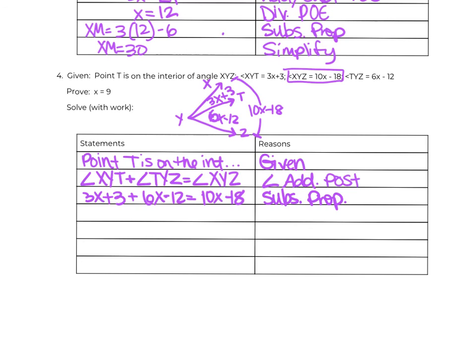Not yet. Let's do our like terms. So I'm going to combine like terms. What can I put with the 3x? Okay, so now I have 9x. And 3 and negative 12 would give us? Careful. Negative 9. Okay. And then nothing to simplify yet on the right.